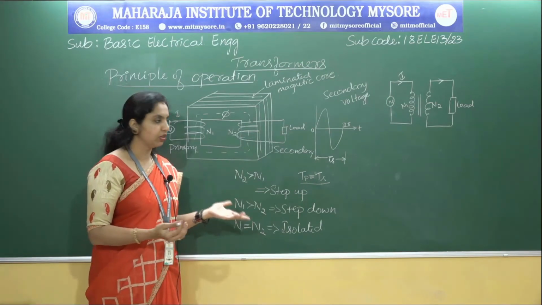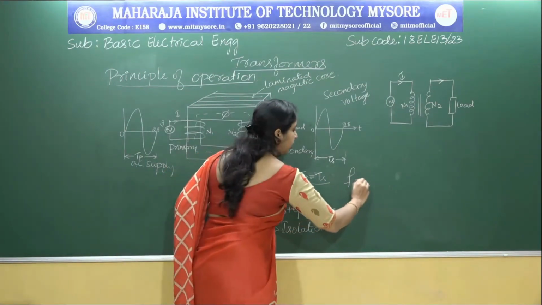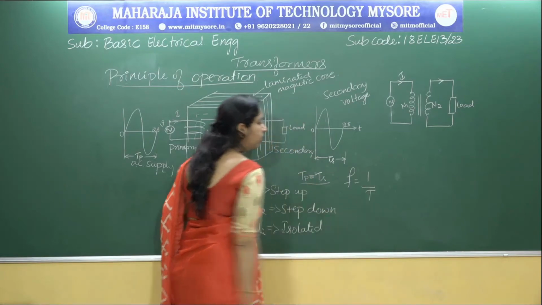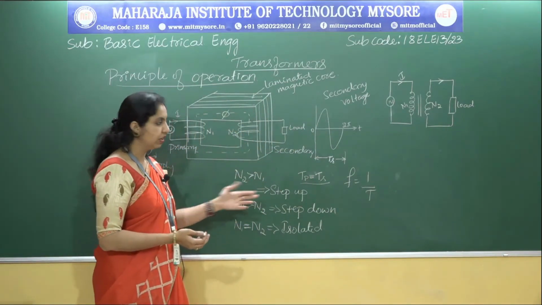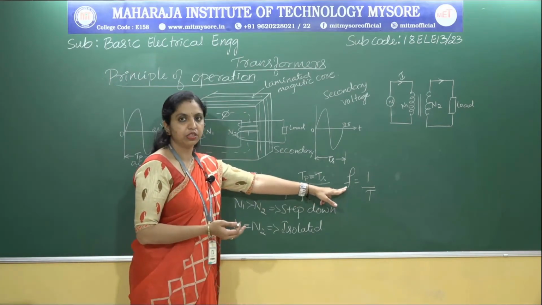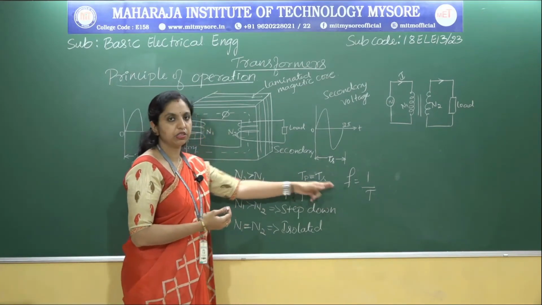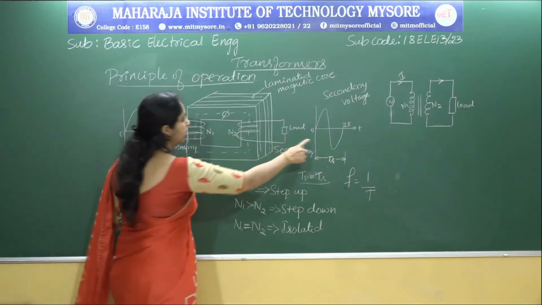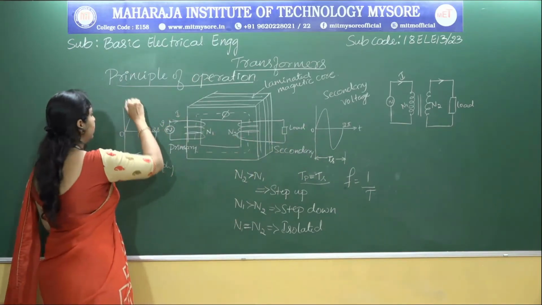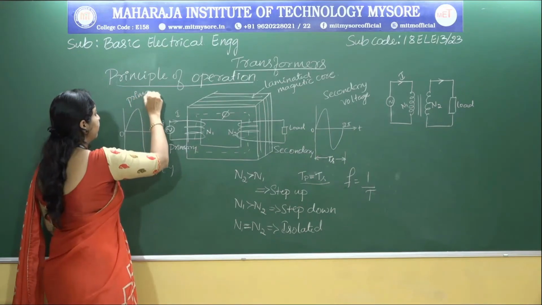The frequency is related to the time, so the time period does not change. With the fixed frequency, we will be getting the same frequency both at the primary and at the secondary, and this we call the secondary voltage and this we call the primary voltage.